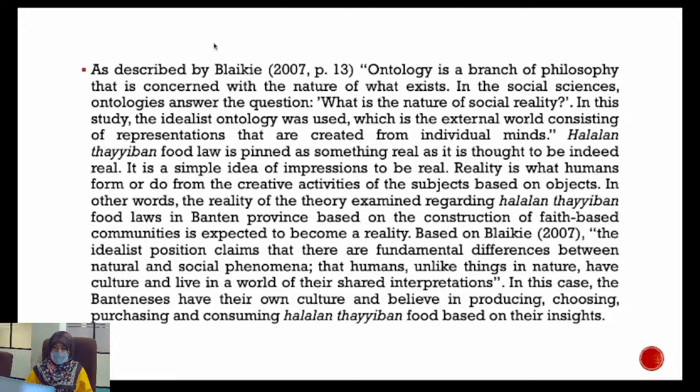Based on Blakey, the idealist position claims that there are fundamental differences between natural and social phenomena, that humans, unlike things in nature, have culture and live in a world of their shared interpretations. In this case, the Bantenese have their own culture and believe in producing, choosing, purchasing, and consuming Halalan Toyyiban food based on their insights.